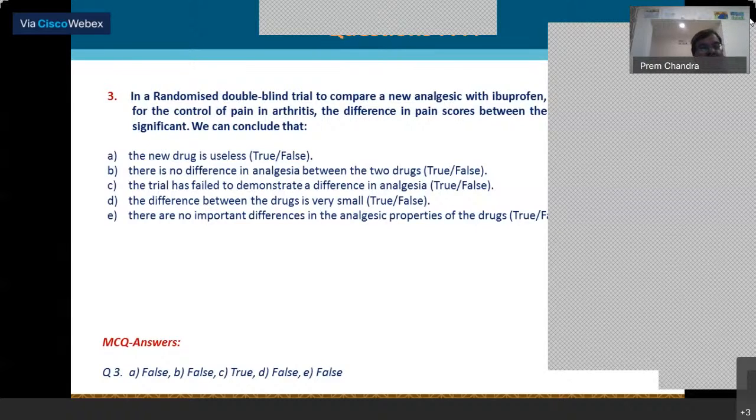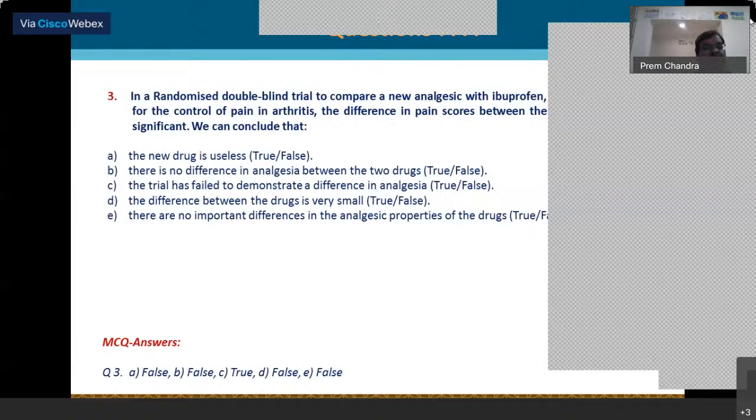We cannot say that the new drug is useless. No, we cannot draw this statement having a non-significant p-value. We cannot draw the statement saying there is no difference. There was no statistically significant difference, but it doesn't mean that there was no clinical difference. So always keep in mind that when we talk about a significant p-value, there are always two significances: clinical significance and statistical significance.